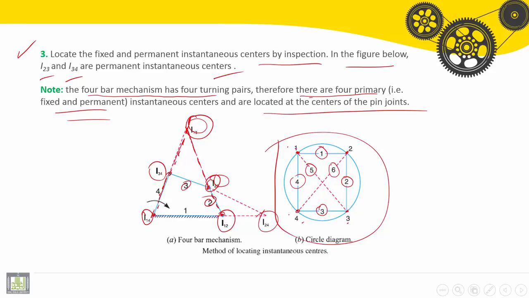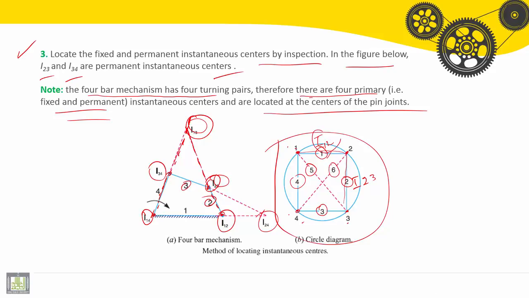So to find I13, which is number 5, we have to draw the line through I12, the first instantaneous center of rotation, and I23, the second, to go from 1 to 3.